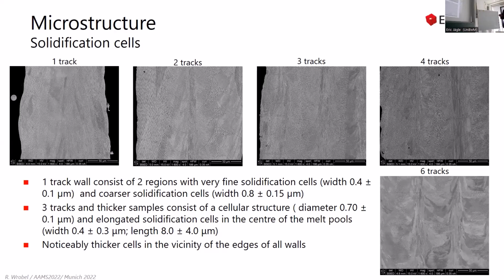Moreover, starting from the three-track sample, we can observe very elongated, epitaxially growing solidification cells oriented parallel to the build direction. What I mentioned before on the melt pool scale, we had a big difference near the edges of the sample. The solidification cells near the edges are larger. This can mostly be explained by the limited heat dissipation and heat loss to the powder.